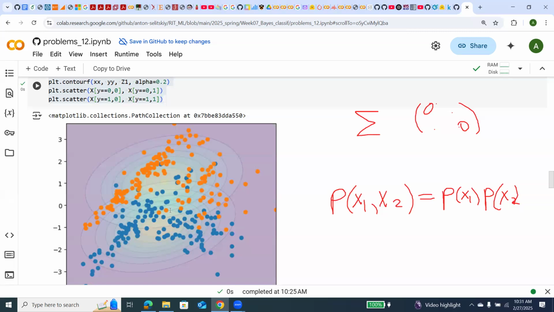But if you look at the projection on each axis, on x1 and x2, especially on this x, blue points will cluster to one cluster and brown points will cluster to another cluster. So maybe this assumption of independent components works better for these points. Does it make sense?